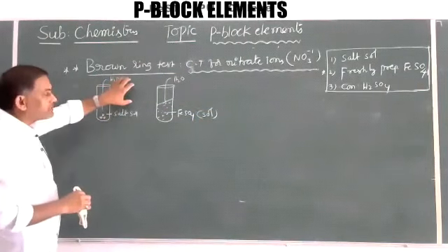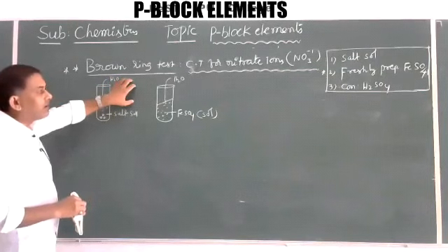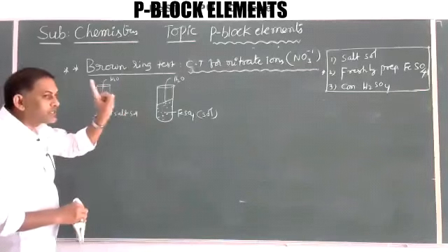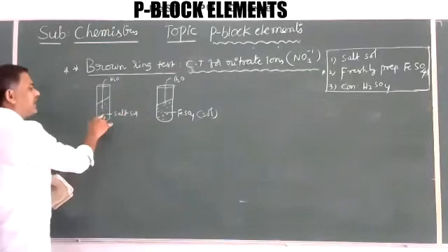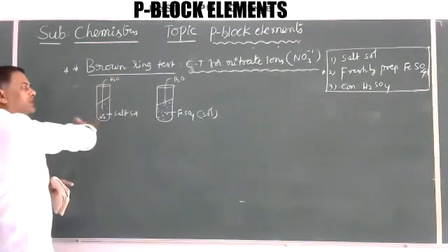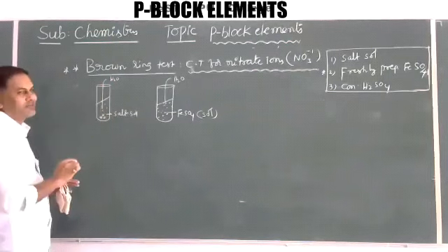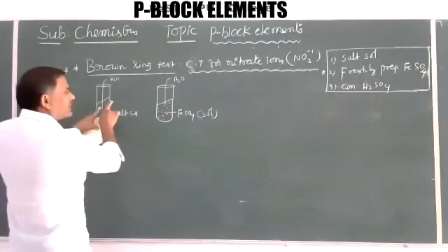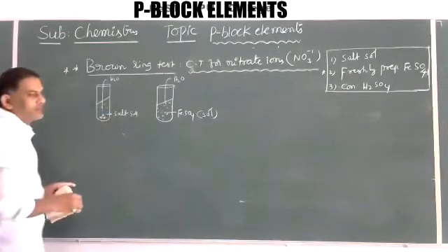While doing the brown ring test, students generally carry out the experiment in one test tube only, taking the salt and the freshly prepared FeSO4 together, adding water and shaking. That is wrong. Don't take two salt solutions at a time in one test tube.